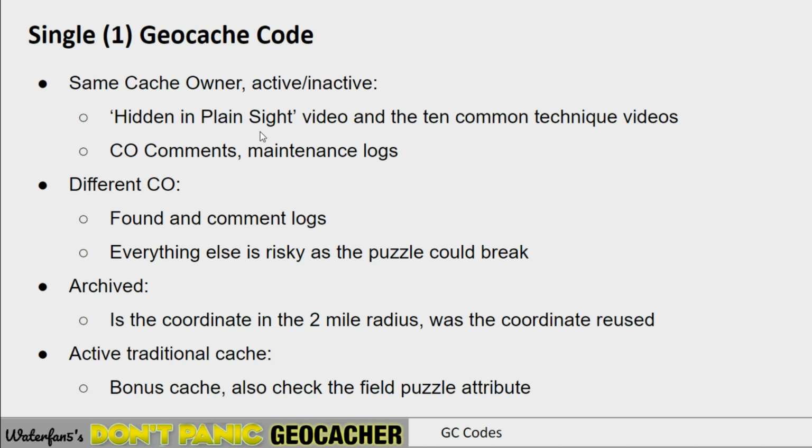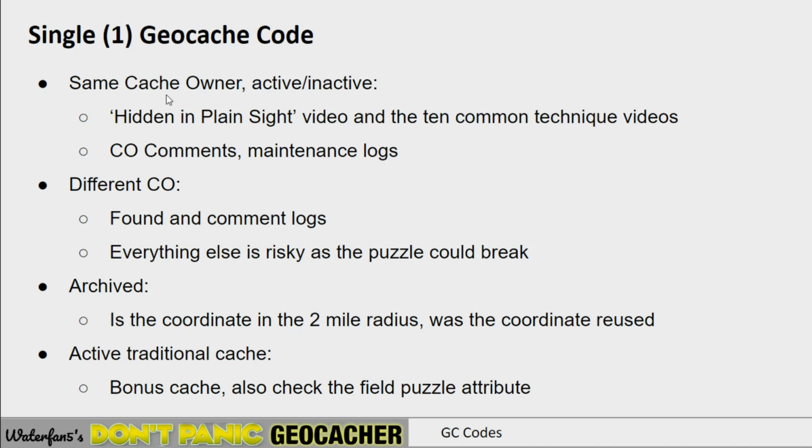Similarly, the cache owner, the CO, may have left comments on that, may have left maintenance logs. Anything that the CO placed on that cache might now be relevant with that information because they may have done that simply afterwards. Especially if the cache is inactive, then it might be the archive note that actually contains the information that you need to solve the original puzzle.